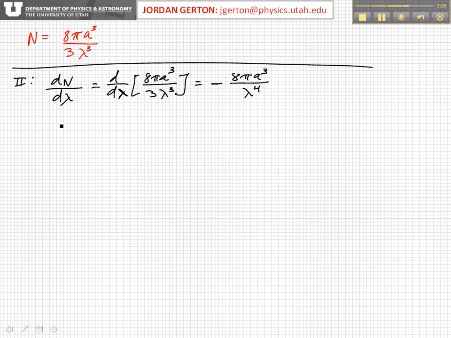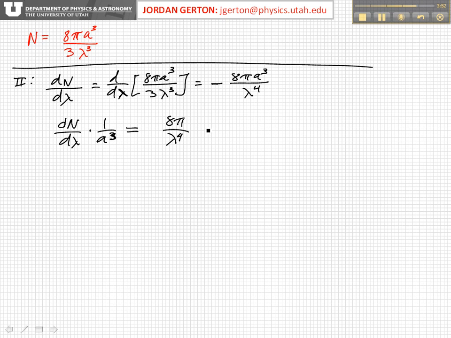So if we take dn d lambda times 1 over a cubed, then we get 8 pi over lambda to the 4th.